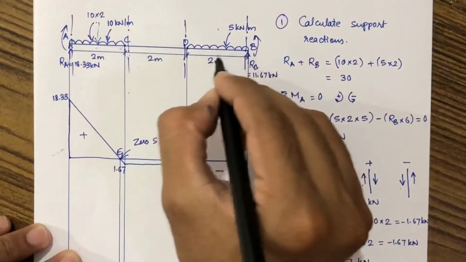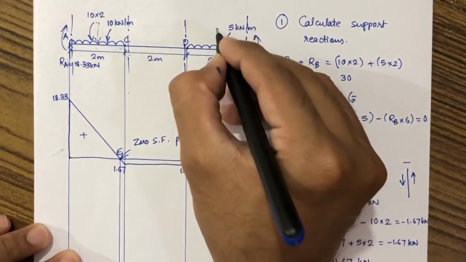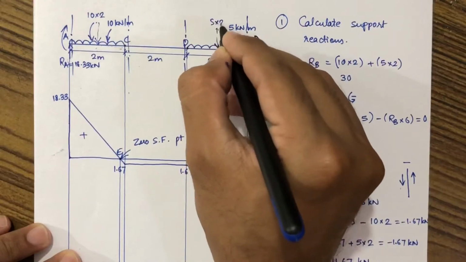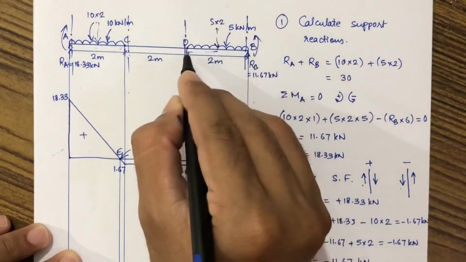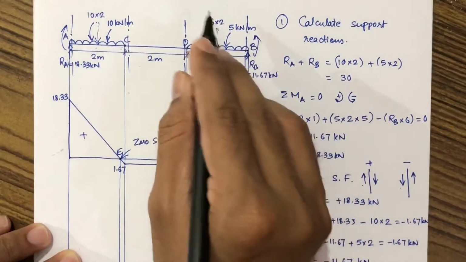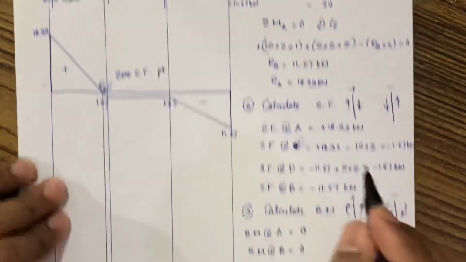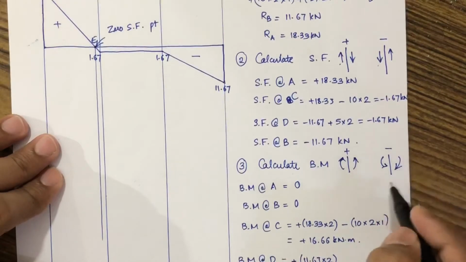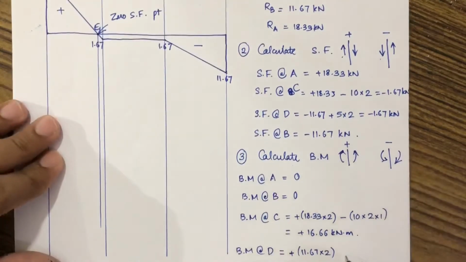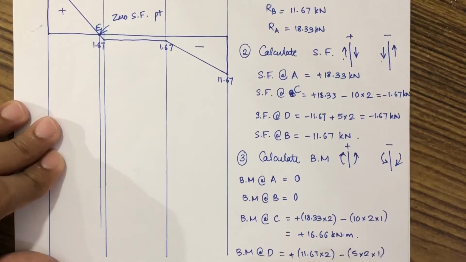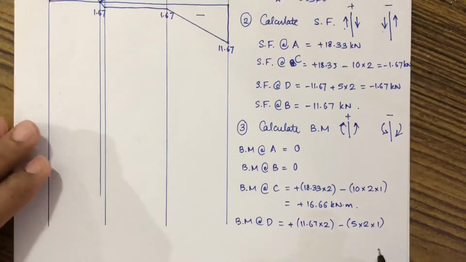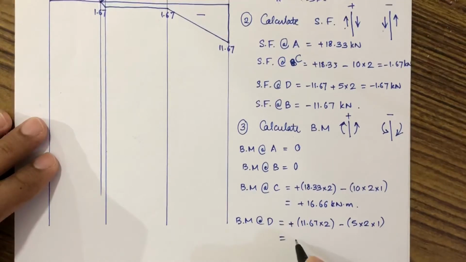Plus, it has a point load of 5 into 2 and this distance is again 1 meter. And as this is going downwards to the right of the section, it has to be taken minus. So this will be minus 5 into 2 into 1. And on solving, this value comes out to plus 13.34 kilonewton meter.